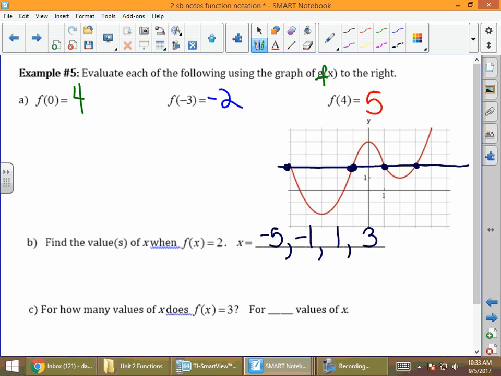Part C. For how many values of x does f of x equal 3? Again, we're given the output is 3. We need to find the input. This time, all that we want to know is how many. But once again, you might want to draw in the vertical line, because here's f of x equals 3.